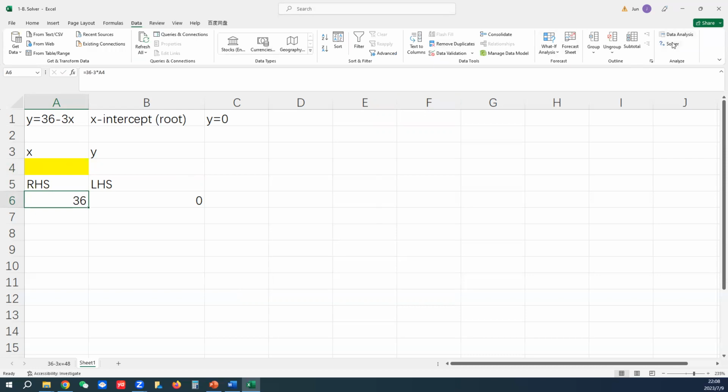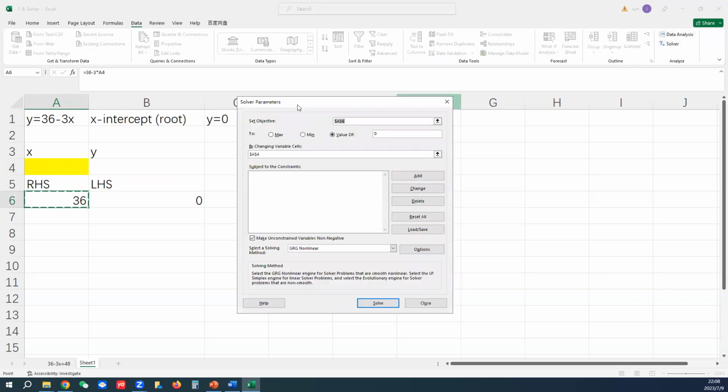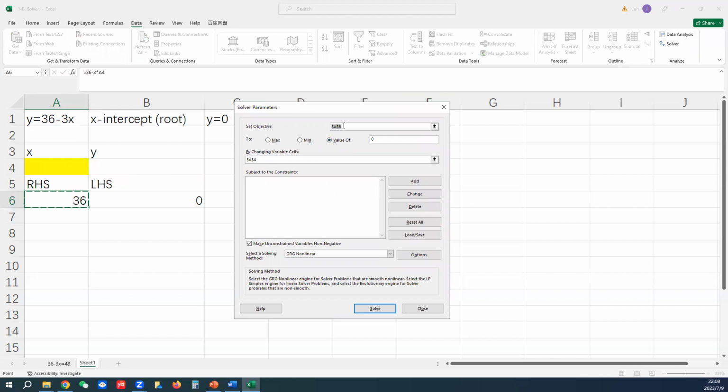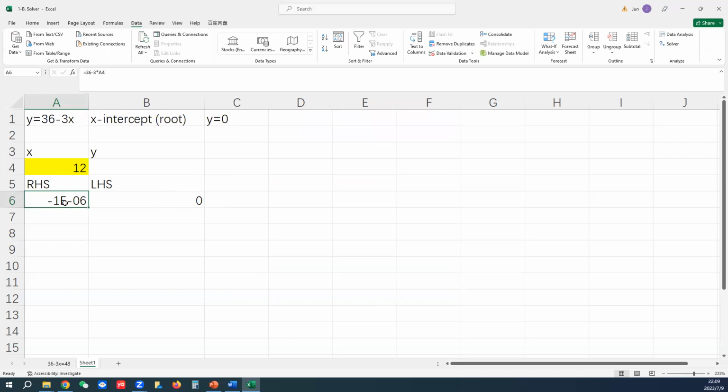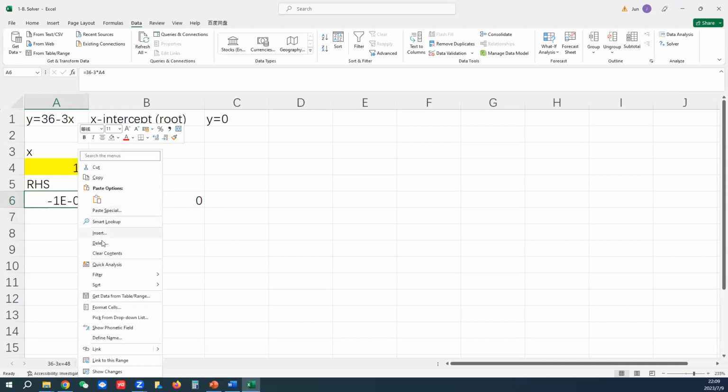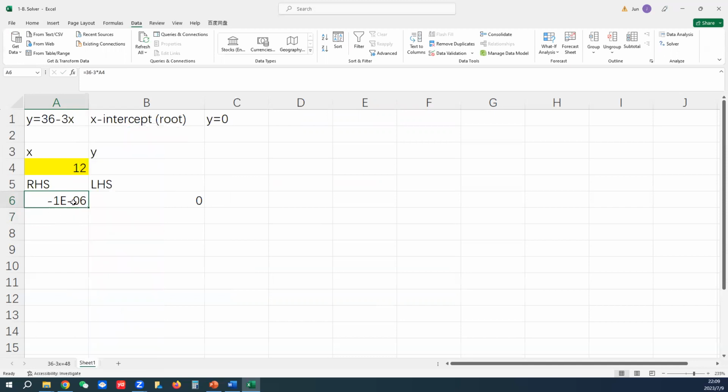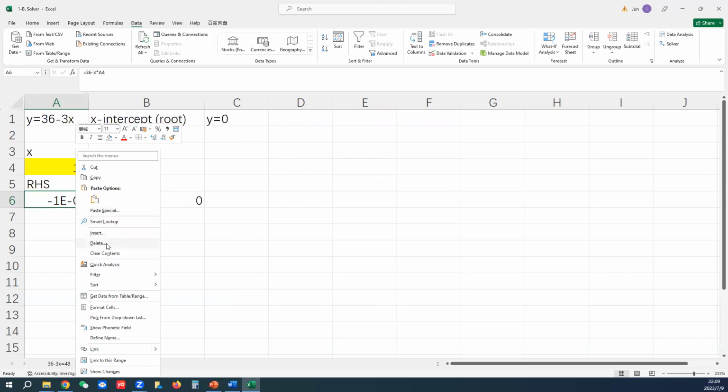Sometimes this additional information is elusive, if you will. We make sure that 36 minus 3x equals 0 by changing x. The result is 12. You may see something like -1e to the power of 6, and don't fret.